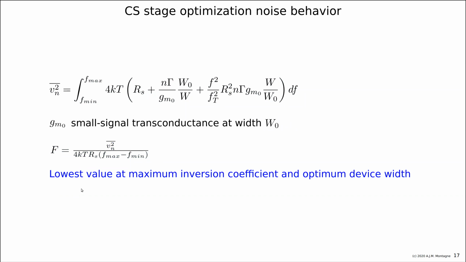And the lowest noise figure value can be obtained at the maximum inversion coefficient and an optimum device width. Maximum inversion coefficient means that we are going for the highest possible GM at some width. And of course, you know now from the presentation of the behavior of the FET that for the highest possible value of GM, if you go above critical inversion, it's no use increasing the current much more.